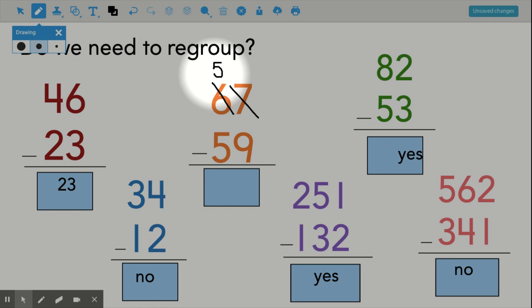And in my tens column, he's going to give me 10 ones, changing him to 5 tens instead of 6 tens. And then the 7 changes to a 17 so that I can subtract. 17 take away 9. You can count backwards, starting at 17. 16, 15, 14, 13, 12, 11, 10, 9, 8.